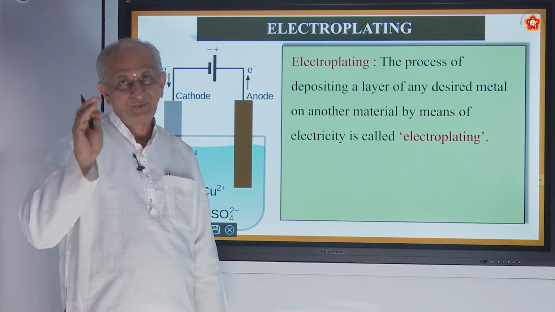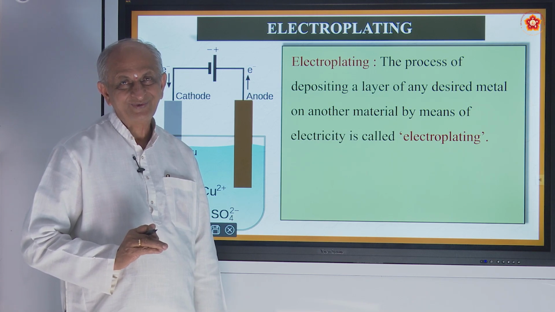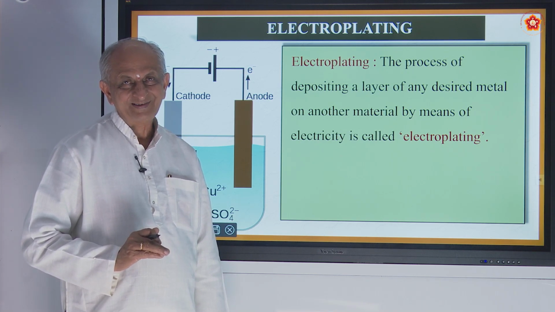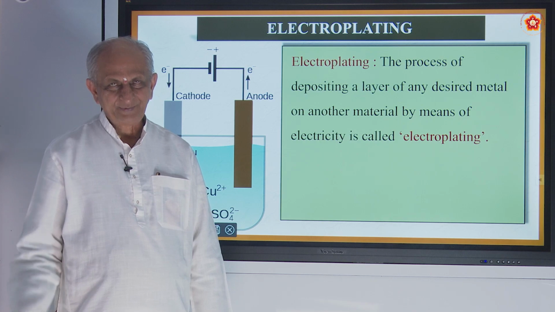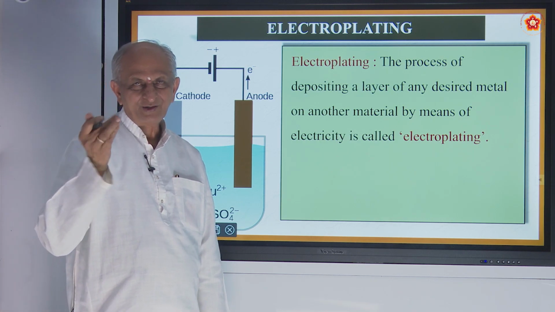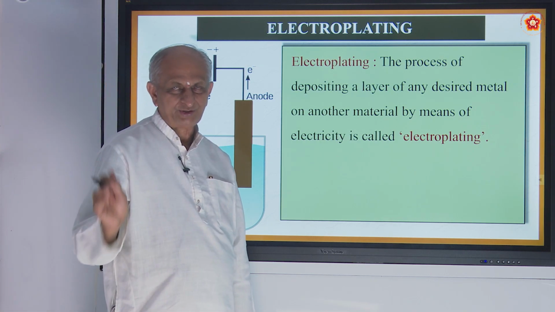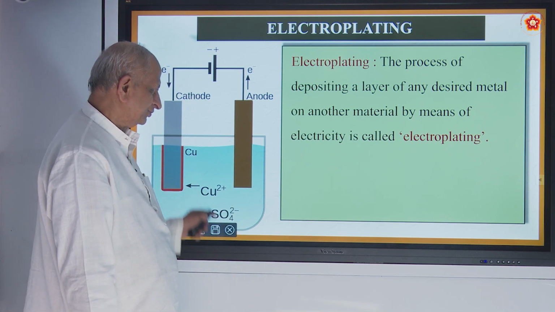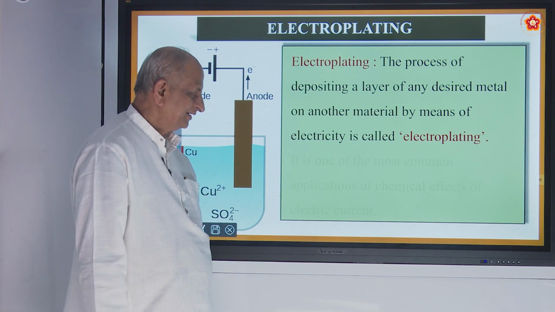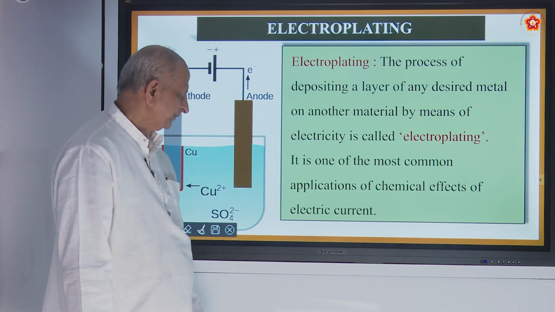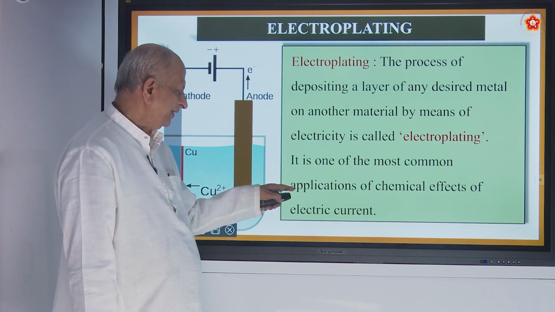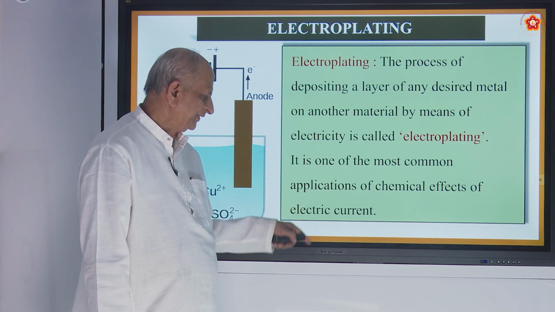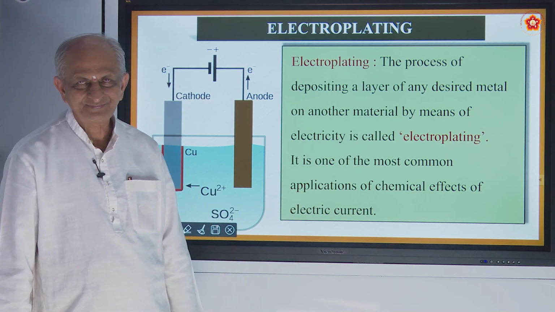Suppose you want silver, what do you want to do? Anybody? Silver nitrate. Suppose you want gold, gold chloride or gold solutions. Correct? So that will be deposited on the cathode. How interesting it is. And that is the need of the hour today. It is one of the most common applications of chemical effect of electric current.